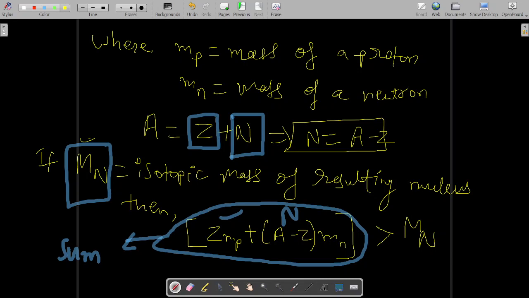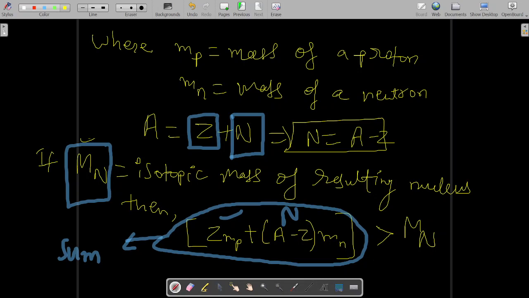So from here, classical physics says that these should be equal. But relativistic physics told us, and the real fact is, that the sum of masses of individual nucleons is slightly greater than the isotopic mass of the resulting nucleus.